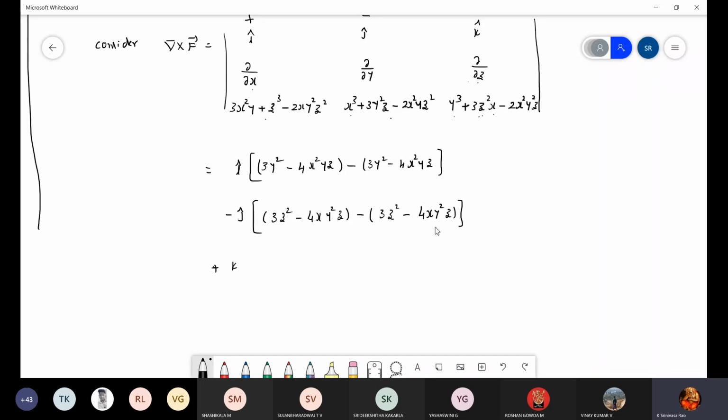Next plus k cap into the first row and last column. So dou by dou x of the middle term. Dou by dou x means 3x square. So second term becomes 0. 3y square z is 0 minus 4xyz square. So minus dou by dou y of first term.